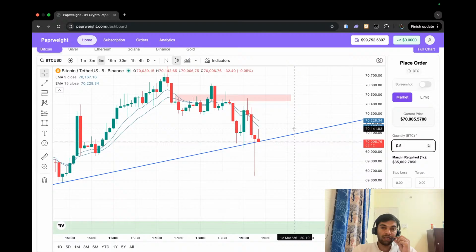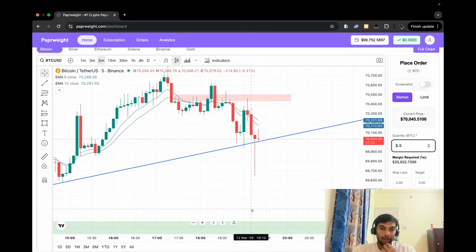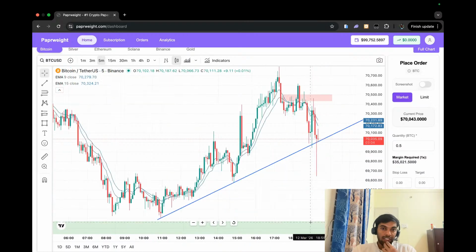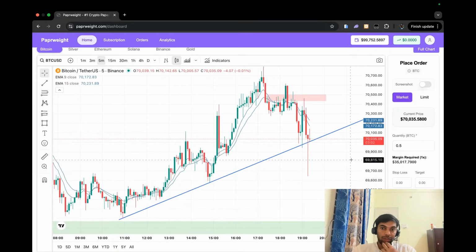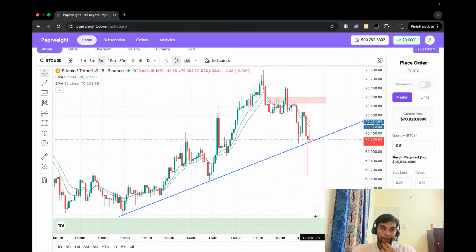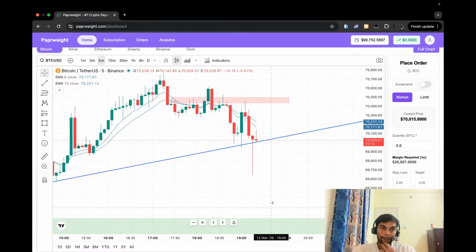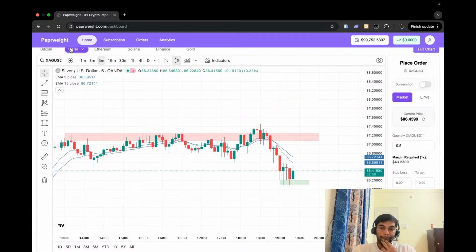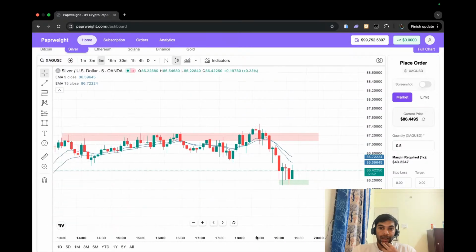As soon as we get the confirmation that the market is going in the up direction, then we will jump in. Then we will see that this is the trend line support that the market is taking. And here we have to jump at 86094.